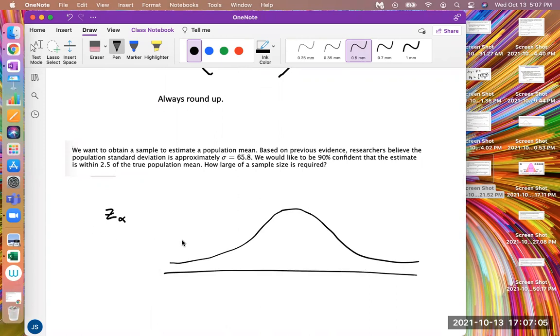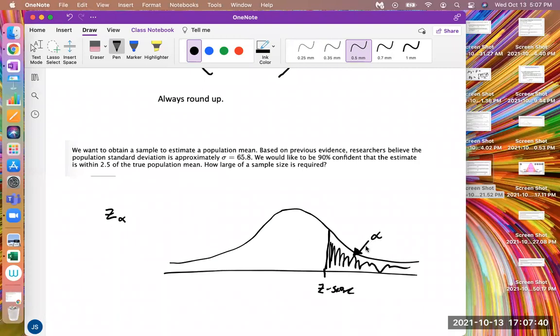Z sub alpha is the z-score such that there's alpha area under the curve to the right. We don't know what that z-score is yet, but it's a z-score such that there's alpha under the curve to the right.